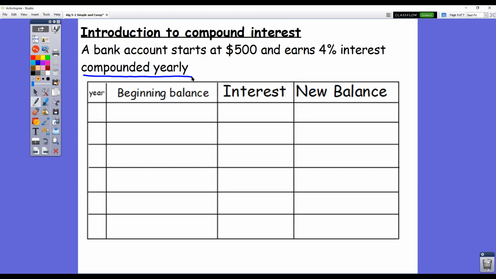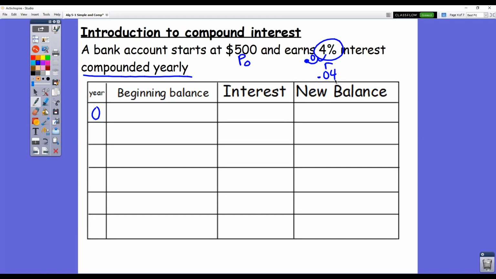So in year 0, it says a bank account starts off with 500, so that's your P sub 0, and earns 4% interest. 4% is your rate. When we move the decimal point over 2 places, that's really 0.04 as your rate as a decimal.